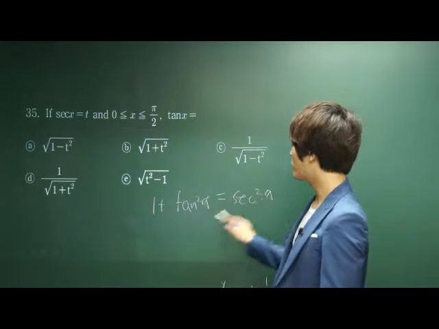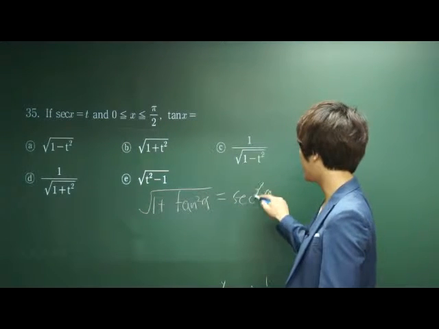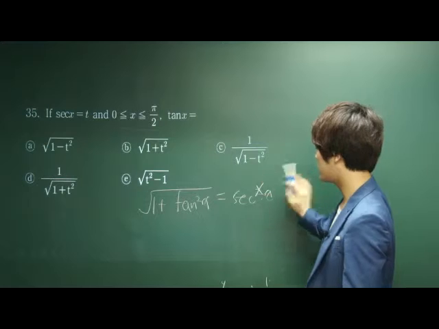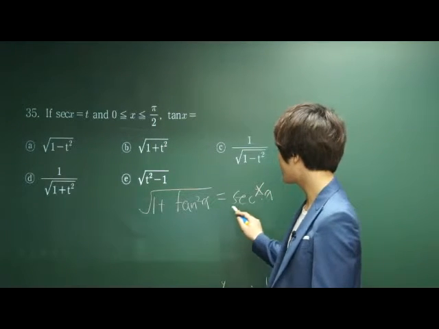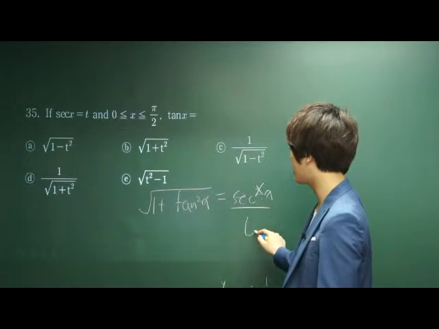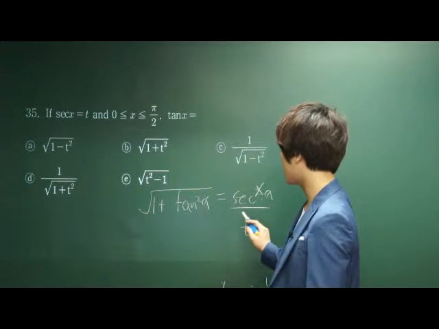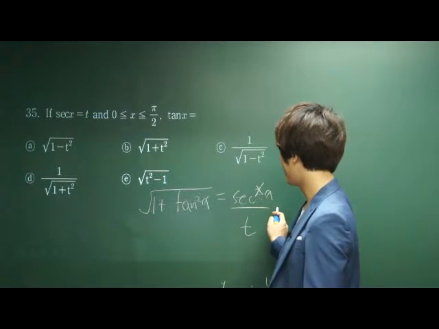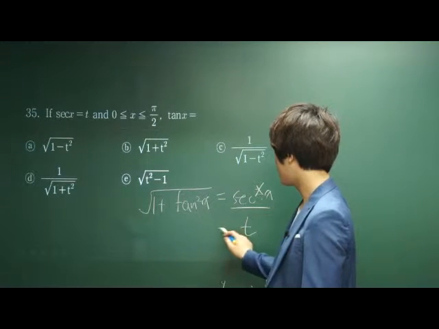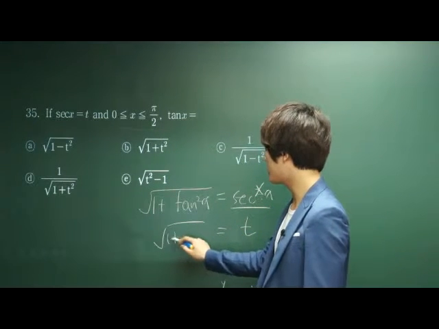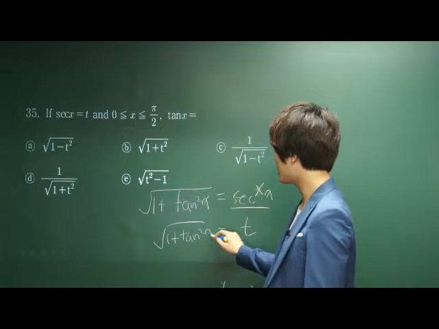Apply square root on both sides, and the square is gone, right? So the secant x is equal to t. Therefore, t is equal to square root of 1 plus tangent square x.